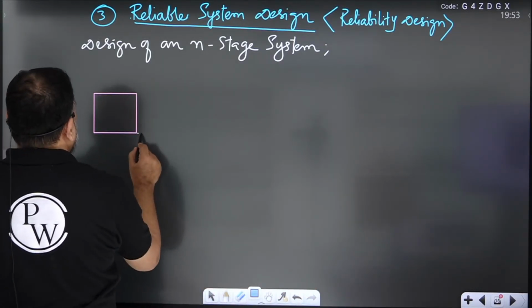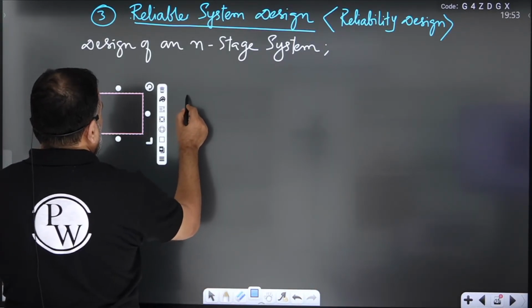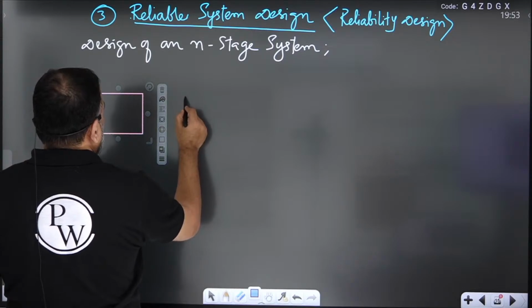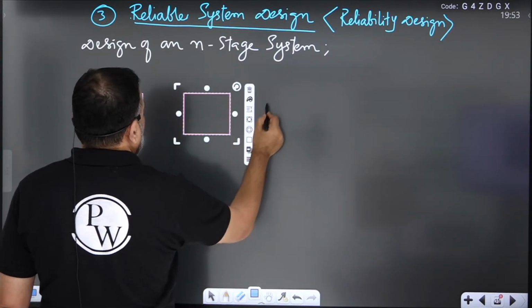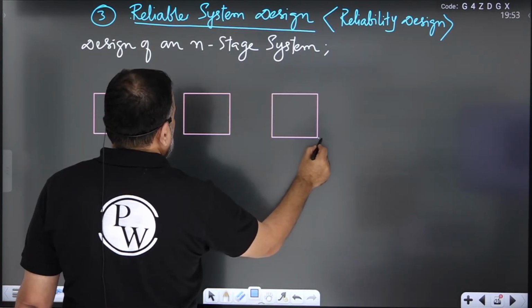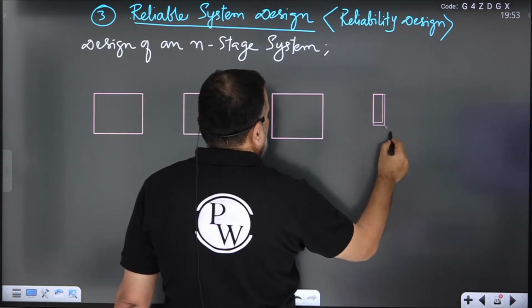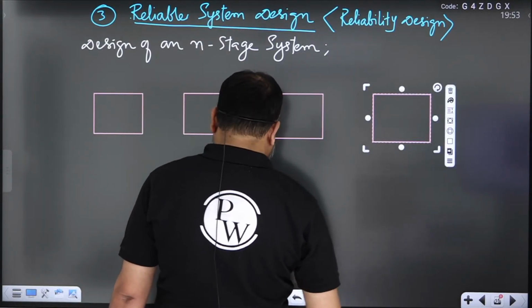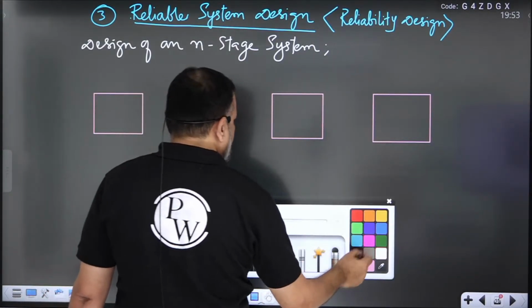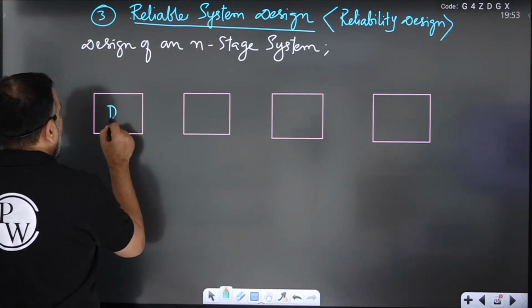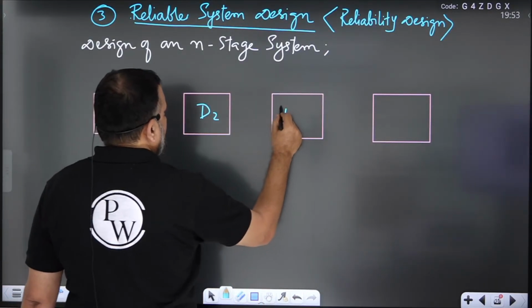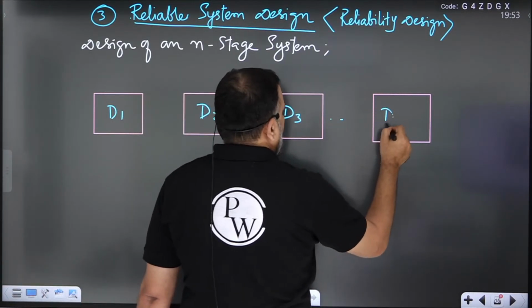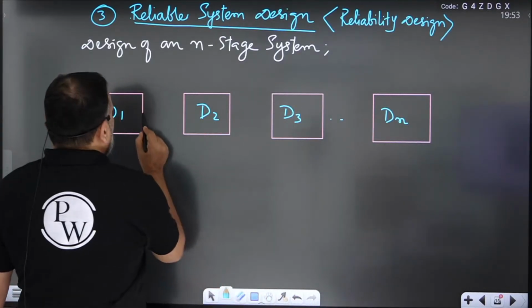We are having devices connected in series, something like this. This is device D1, device D2, device D3, so on, device Dn. They are connected in cascade.